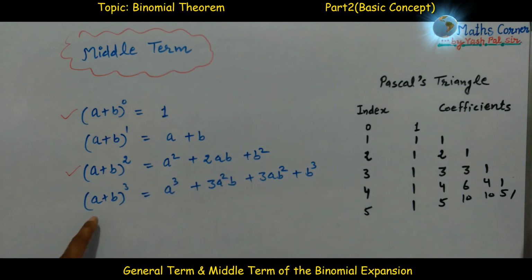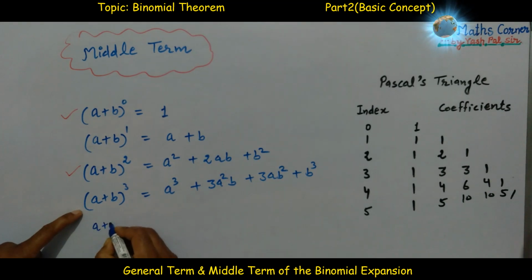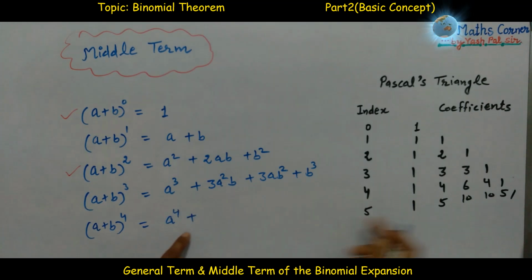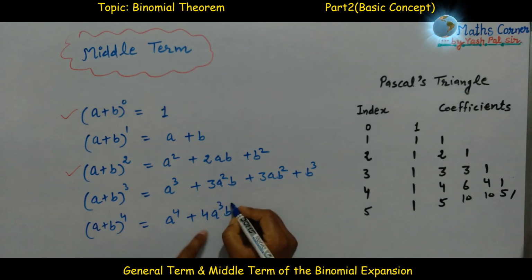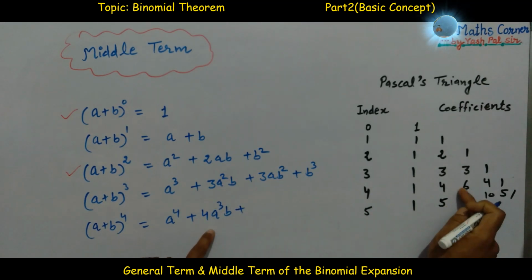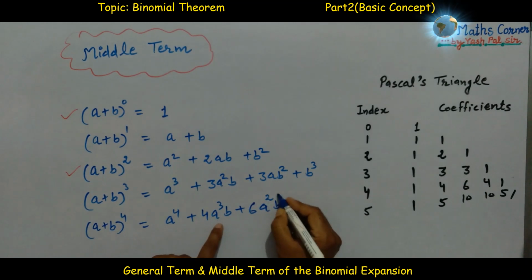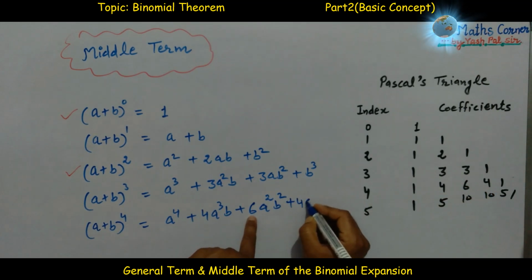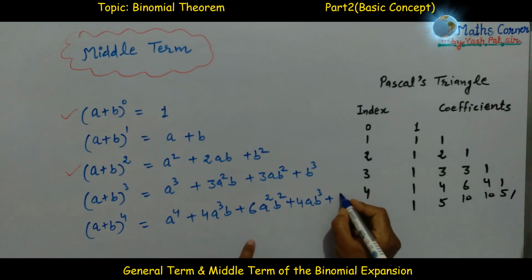Likewise, we can write the value of (a plus b) whole raised to power 4, which is equal to, according to this, a power 4 plus 4 a power 3 b power 1 plus 6 a power 2 b power 2, and after 6 this is 4, plus 4 a power 1 b power 3, last is 1, that is b raised to power 4.